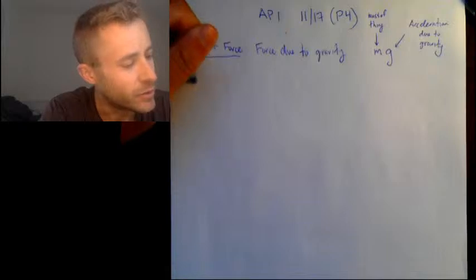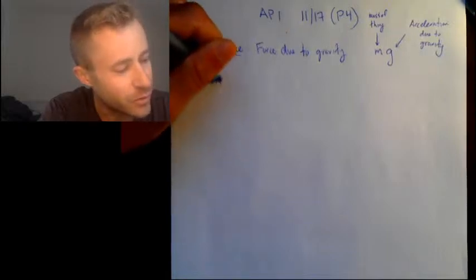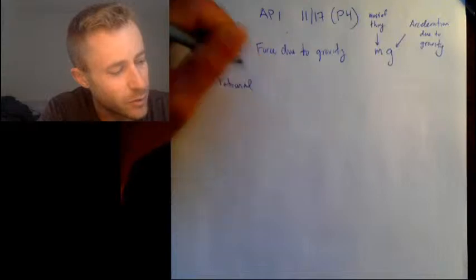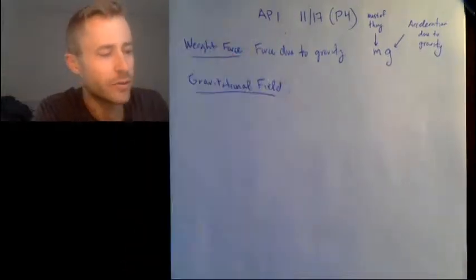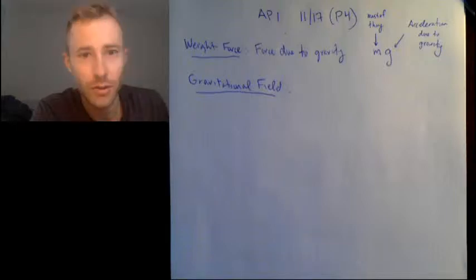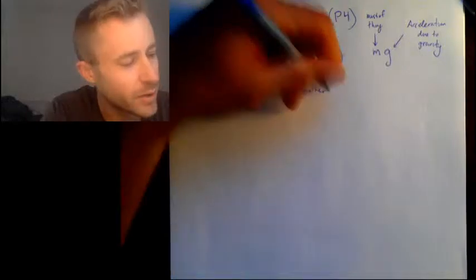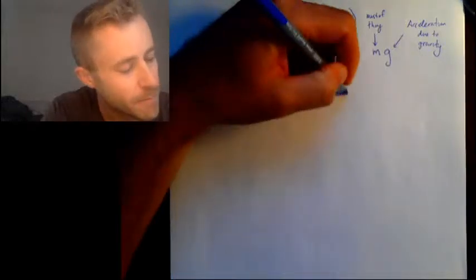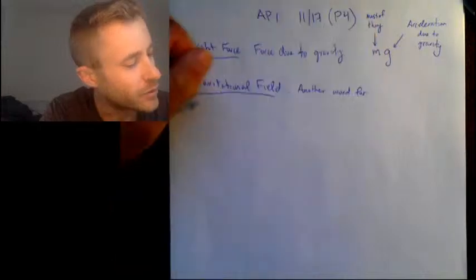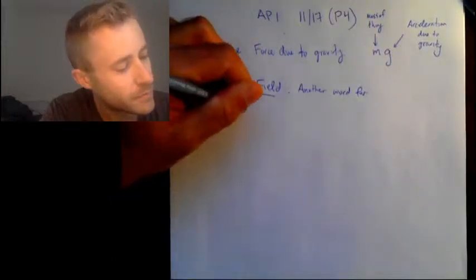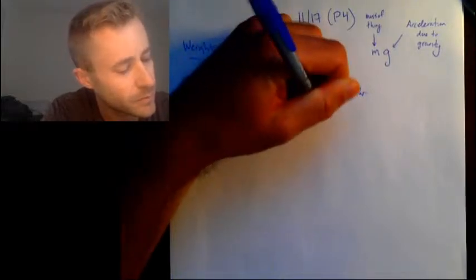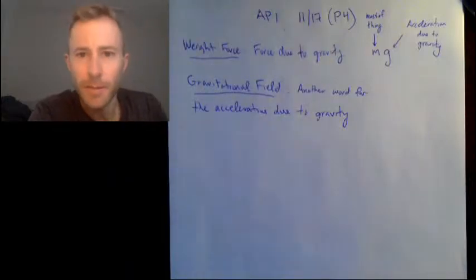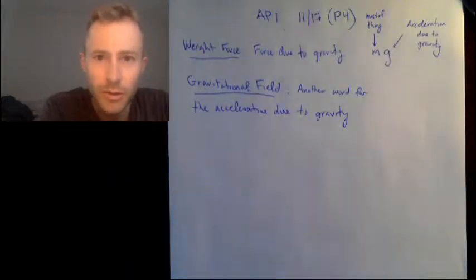Okay. So there's something called the gravitational field, which is the exact same thing as the acceleration due to gravity. So it is another word, it's simply another word for the acceleration due to gravity.